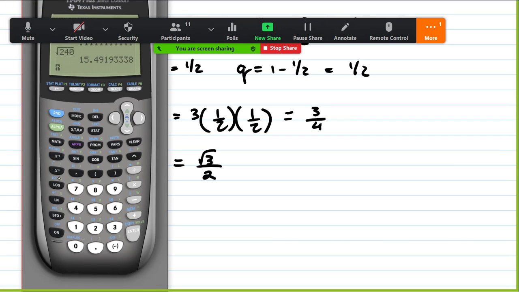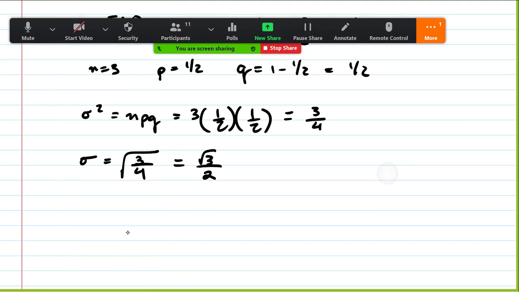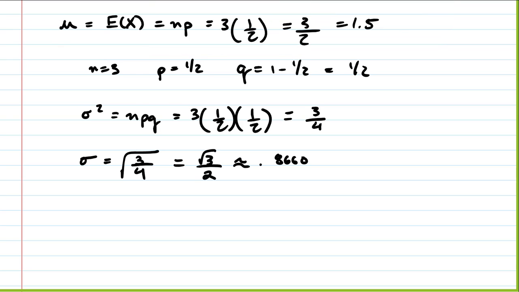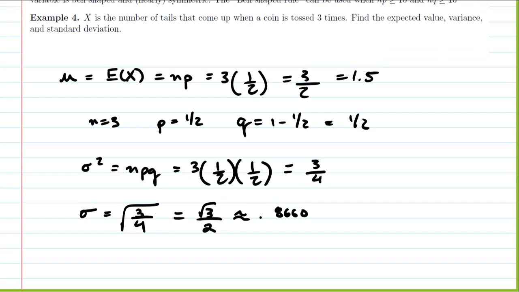So square root of 3/4 gives us 0.866. So that would be our expected value, our variance, and our standard deviation.